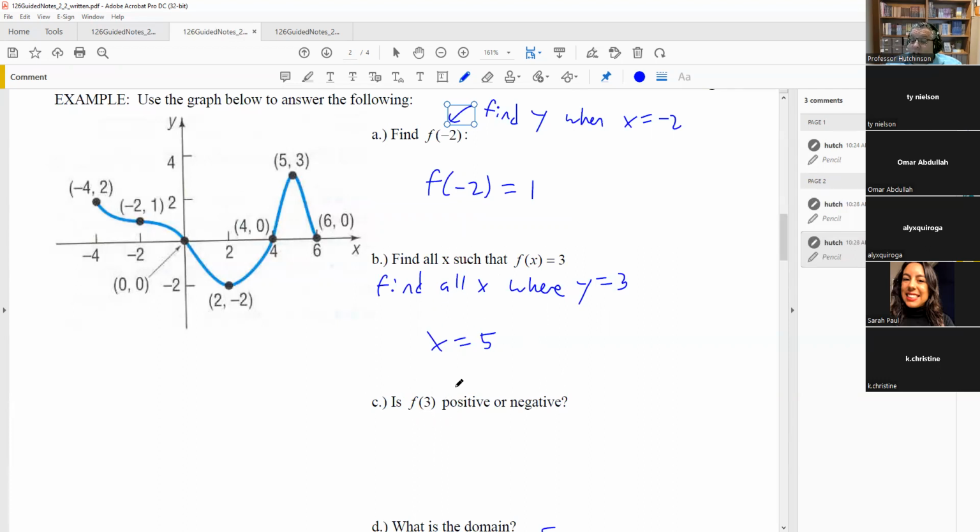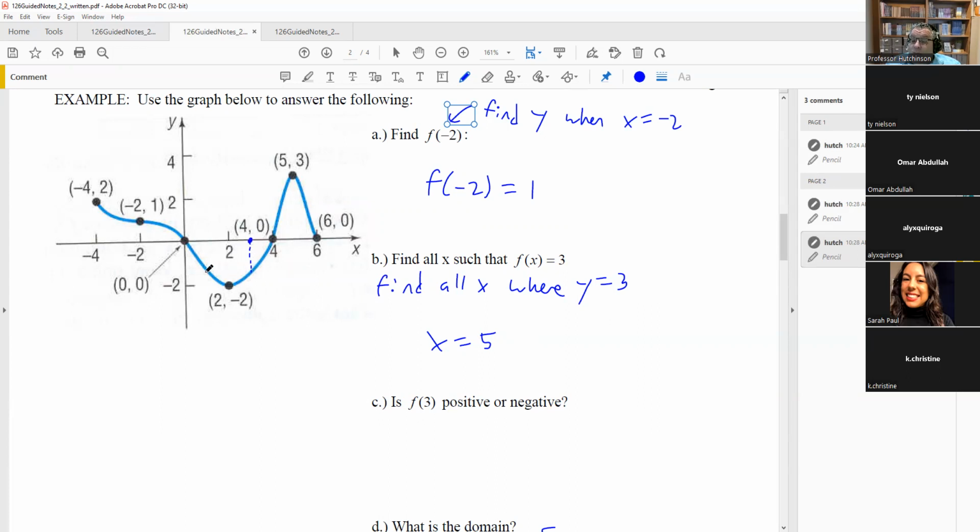Part C, is f of 3 positive or negative? So I want to look at the x value of 3, and that's going to be about right here. And I'm going to follow this down to where it hits the graph. At the x value of 3, I want to find where the y value is.